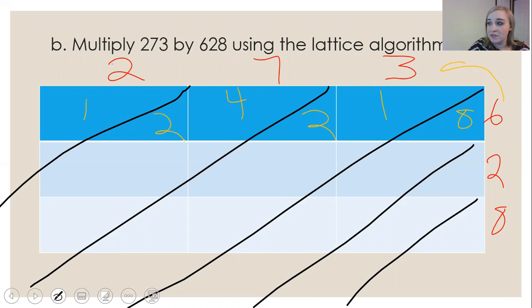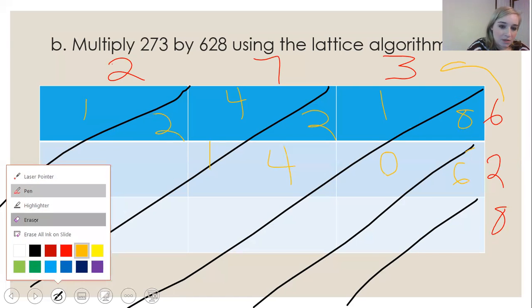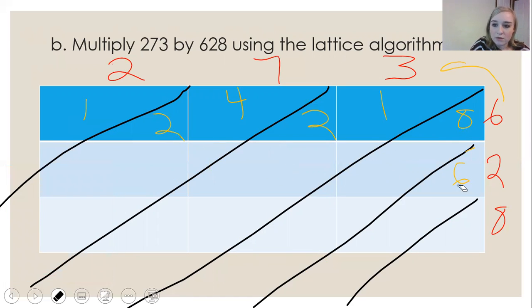3 times 2 is 6. And then 7 times 2 is 14. This seems a little bit light for the background, so I'm going to start over and do it again. 3 times 2 is 6. 7 times 2 is 14.